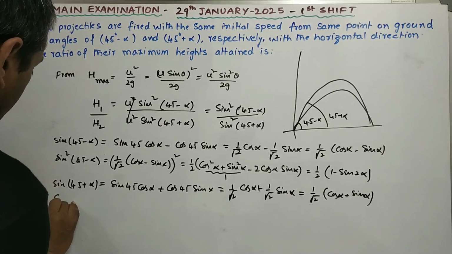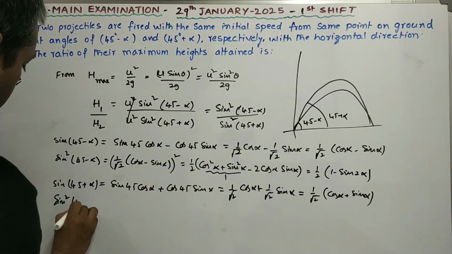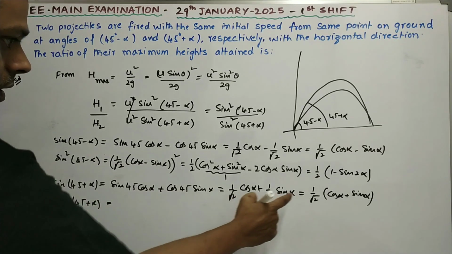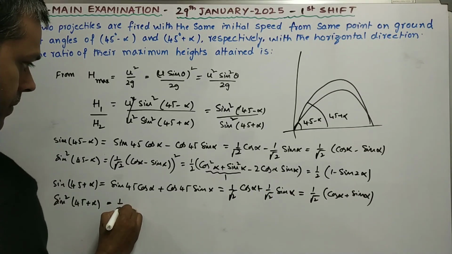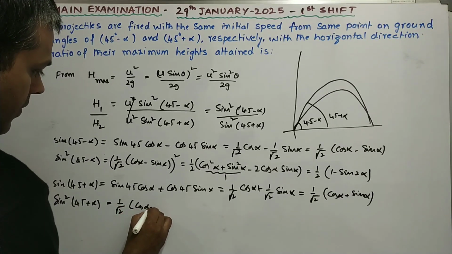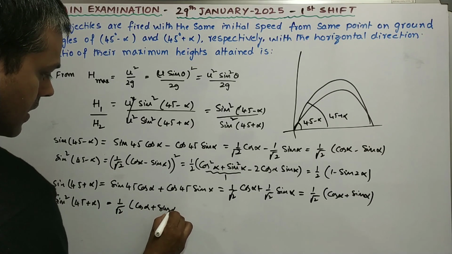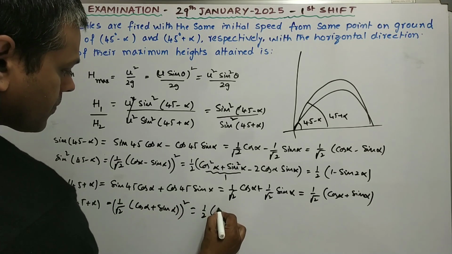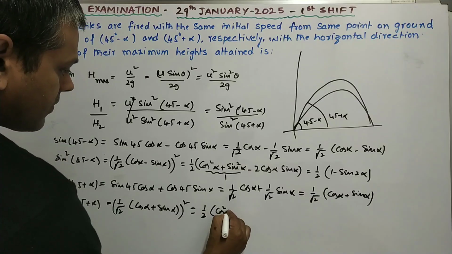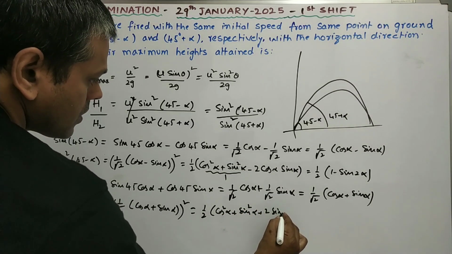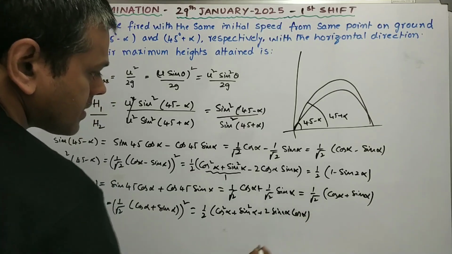Now we can square it. Sin square (45 plus alpha) is equal to (1 by root 2 into (cos alpha plus sin alpha)) whole square, which is equal to 1 by 2 into (cos square alpha plus sin square alpha plus 2 sin alpha cos alpha).